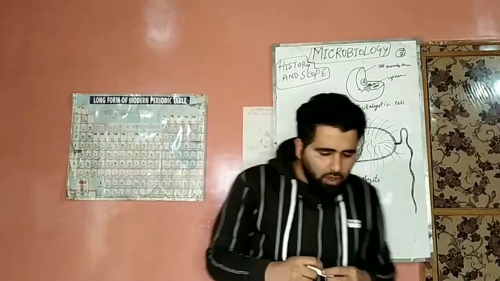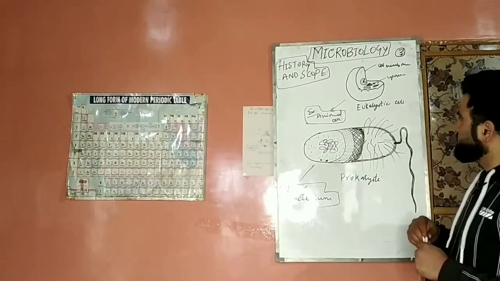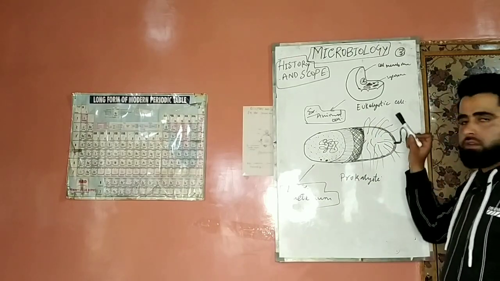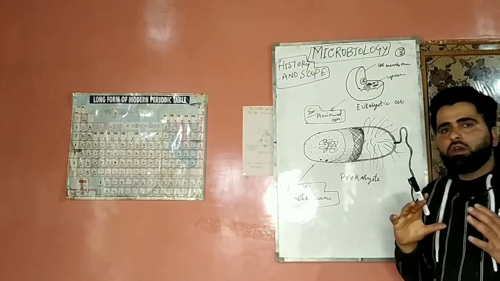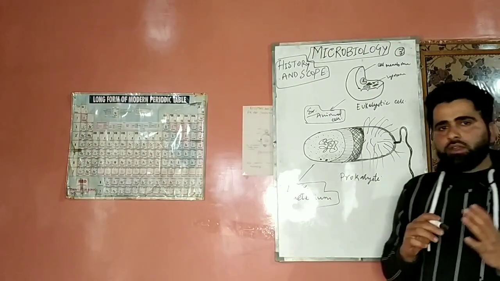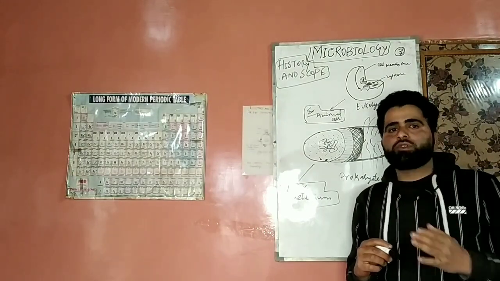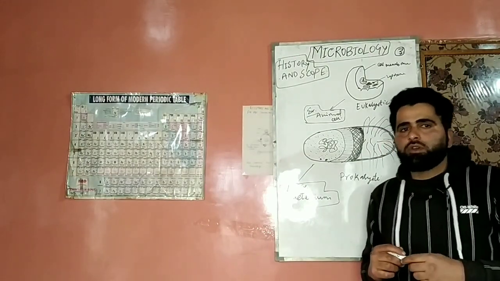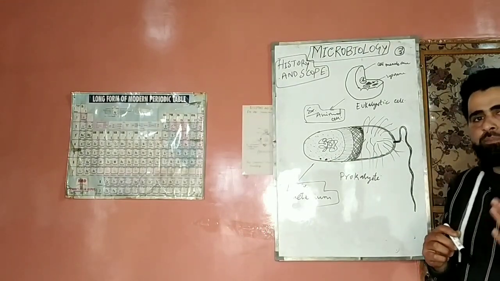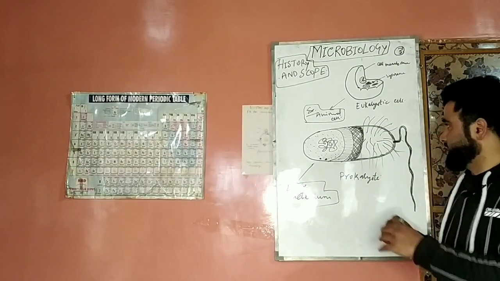So the microbial taxonomists studied these prokaryotic and eukaryotic cells in detail using electron microscopy, which in earlier years was not possible, to clearly observe these two types of cells.